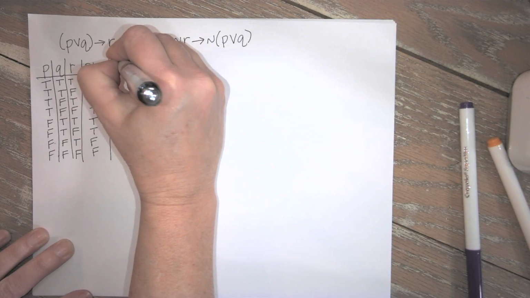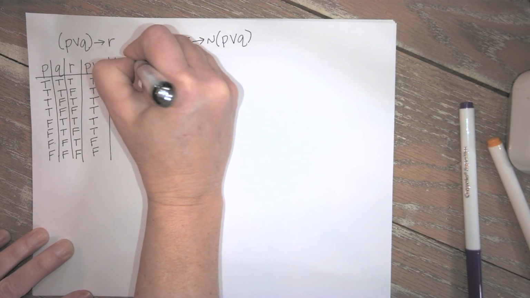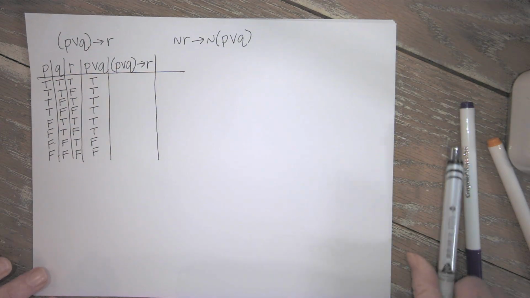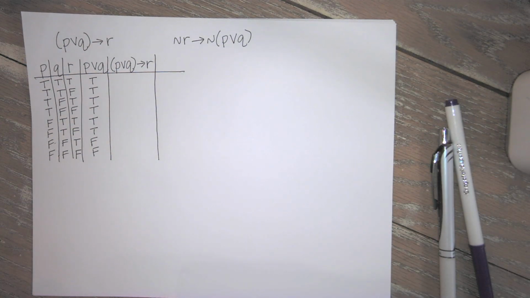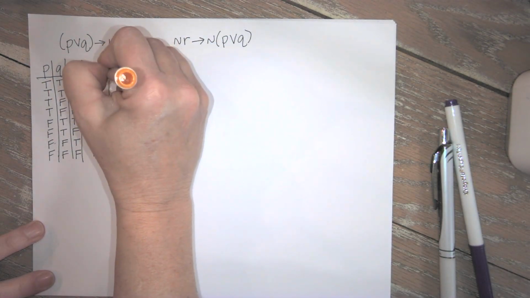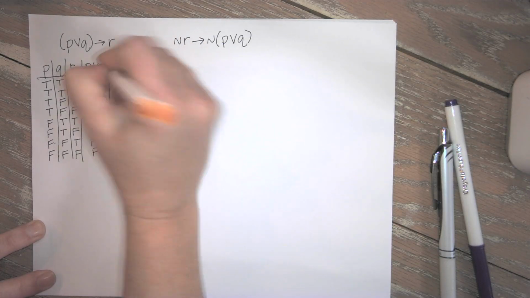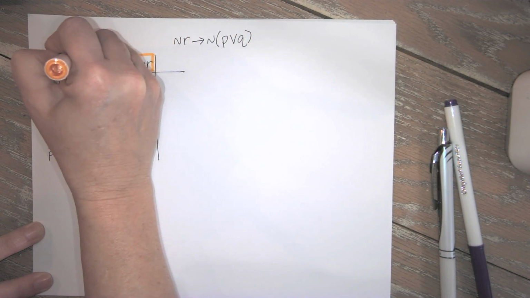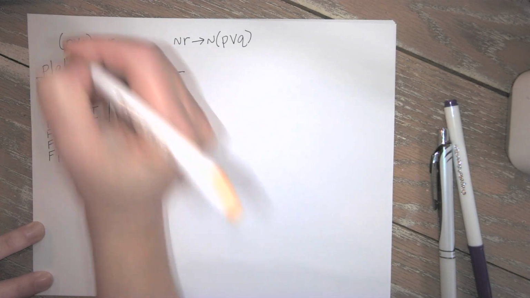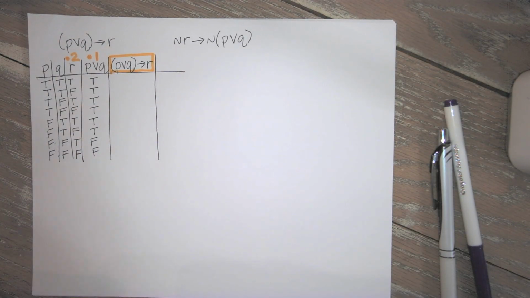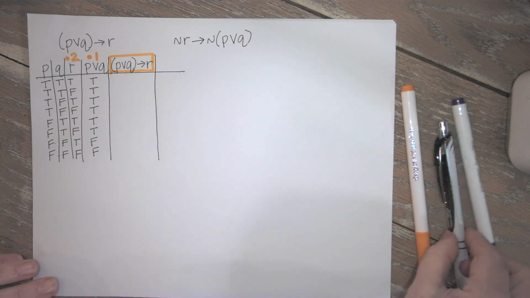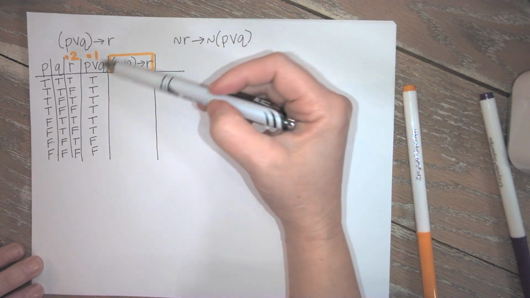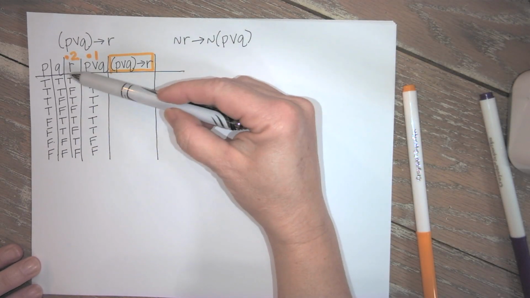So I'm going to have if P or Q, then R. A conditional statement. Now on conditionals, we have to look at the order. It does matter. We're looking at this column first, and the R as our second column. Because in a conditional, it only comes out false if the first one's true and the second one's false.